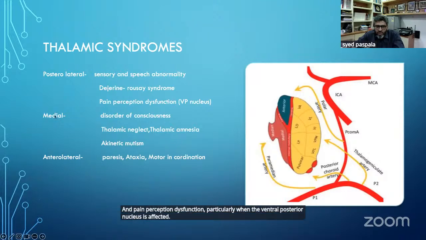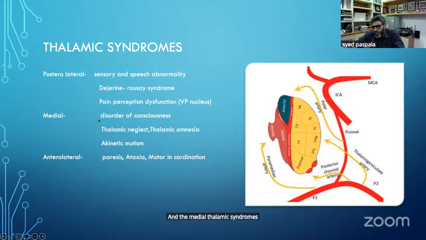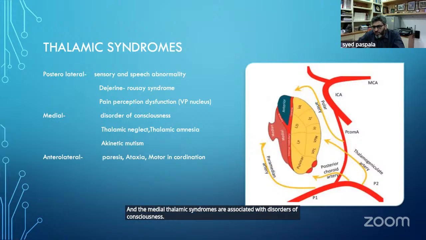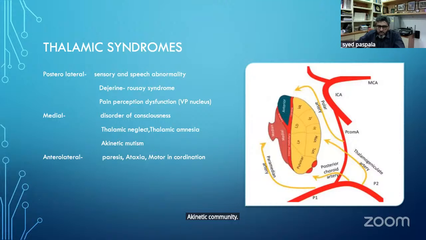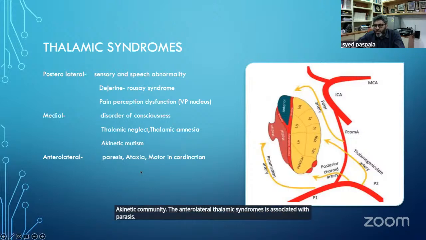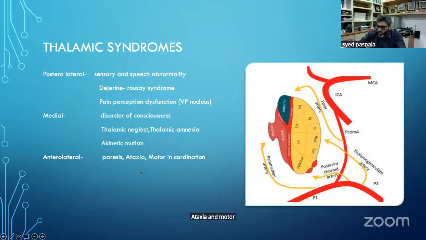And the medial thalamic syndromes are associated with disorders of consciousness, thalamic neglect, thalamic amnesia, and akinetic mutism. The anterolateral thalamic syndromes are associated with paresis, ataxia, and motor incoordination.